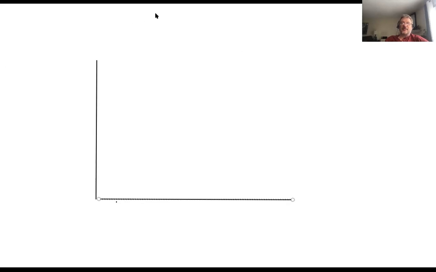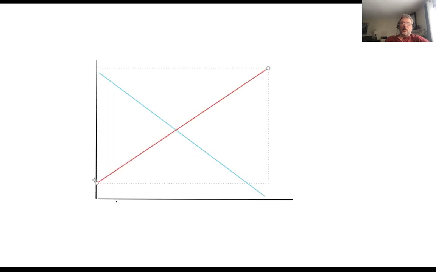The big idea is that what you guys typically are going to see looks like a demand and a supply diagram. But here our interpretation is a little bit different.